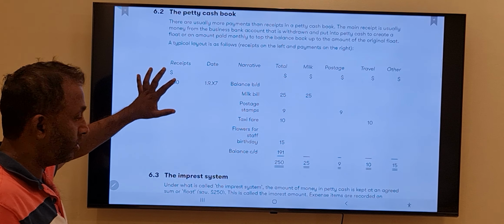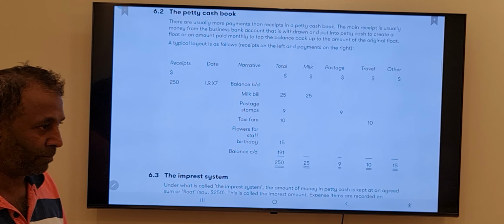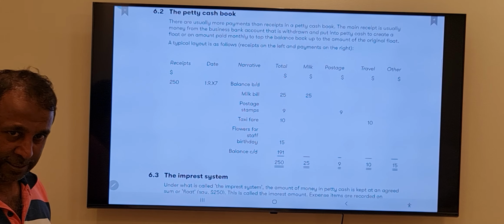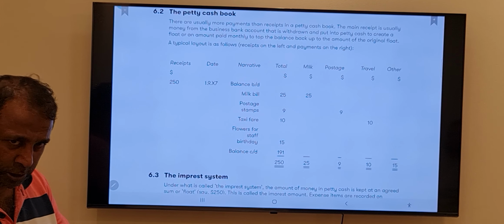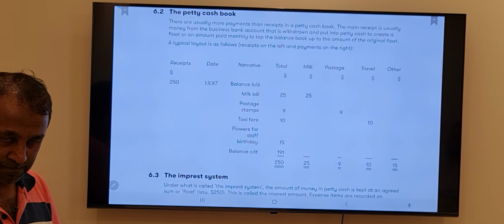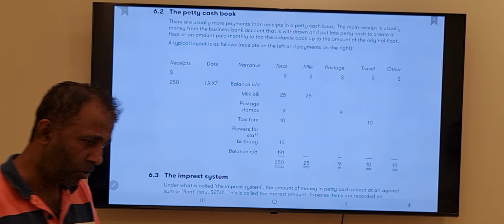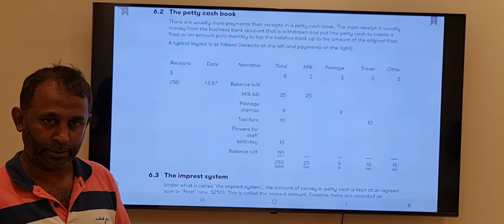Now, how the mechanism works in any reasonably sized company: you have a main cashier and you have a petty cashier. The petty cashier's job is to make small payments within the business operation. Every regular period, like 2 weeks or 1 month, he goes to the main cashier and asks for reimbursement.